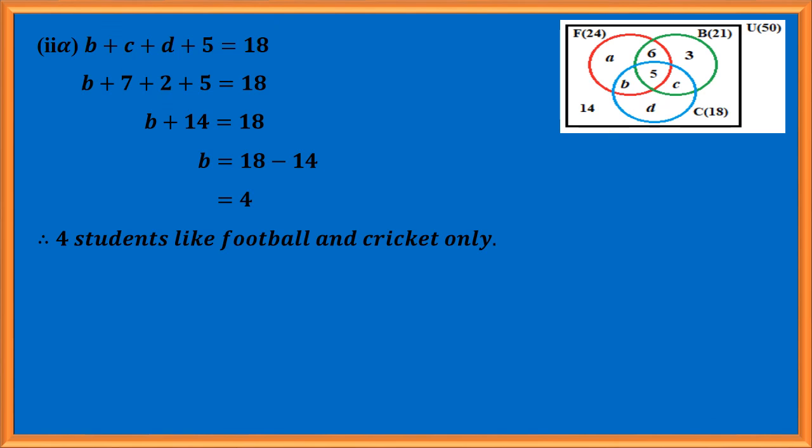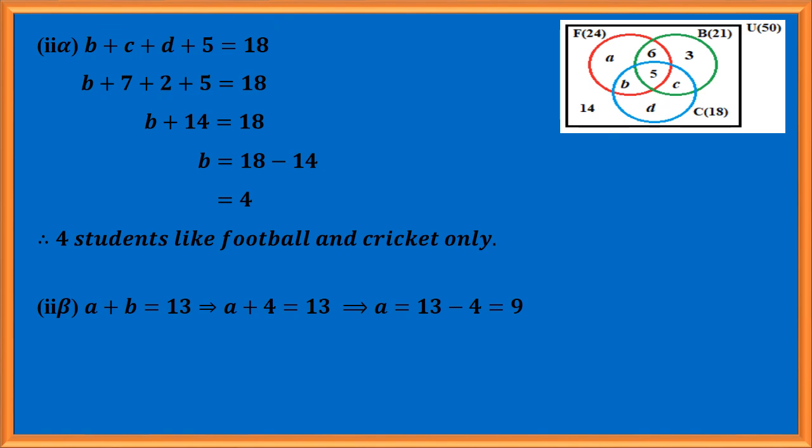Then to find those who like exactly one of the games, that is the Roman number 2 beta. Those who like exactly one of the games will be this, that, and that. So add A to 3, then to the value of D. But we know the value of D already, we don't know A. So find the value of A. We know that A plus B is equal to 13.